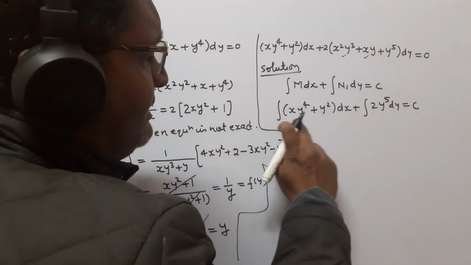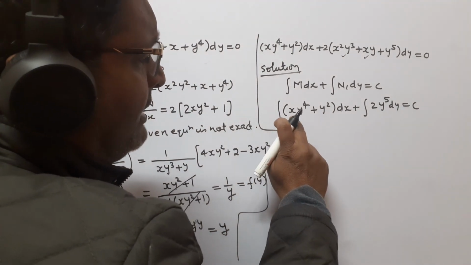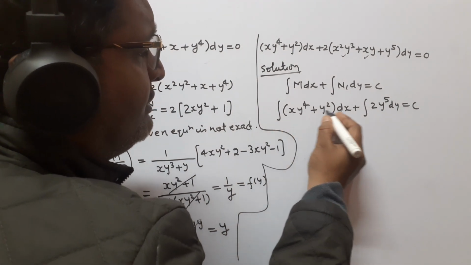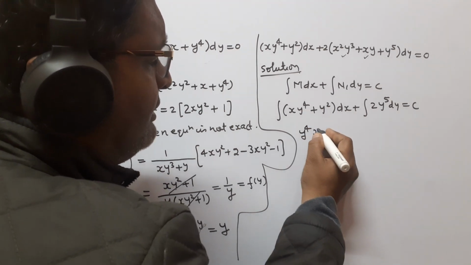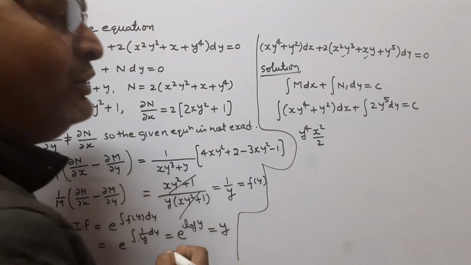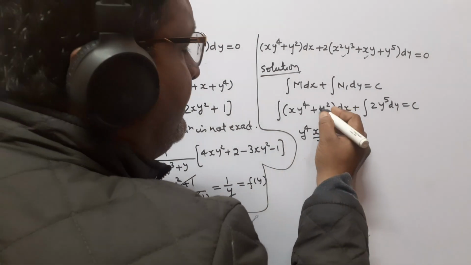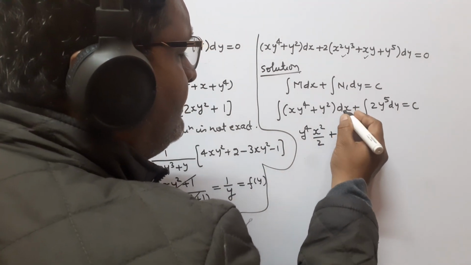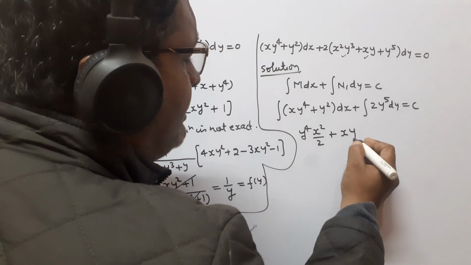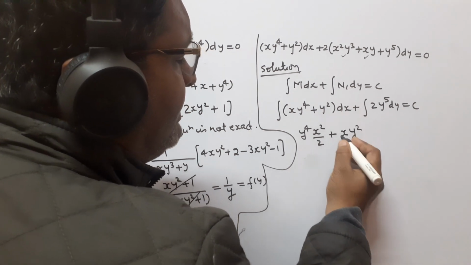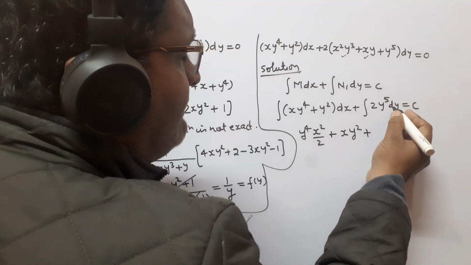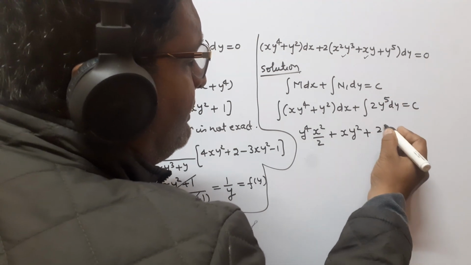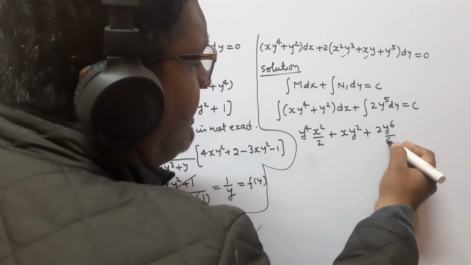Now we integrate with respect to x, so y^4 is constant, and integration of x is x^2 divided by 2. When we integrate y^2 with respect to x, y^2 is constant and integration of dx is x. And when we integrate y^5 with respect to y, we get y^6 divided by 6.